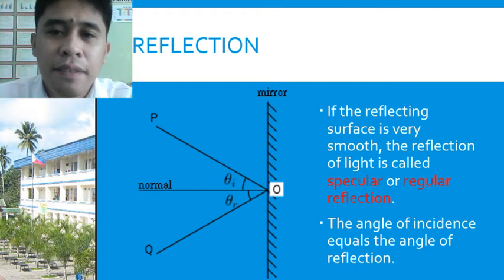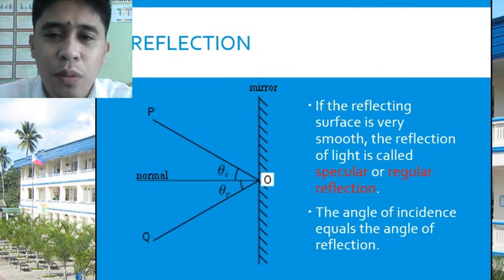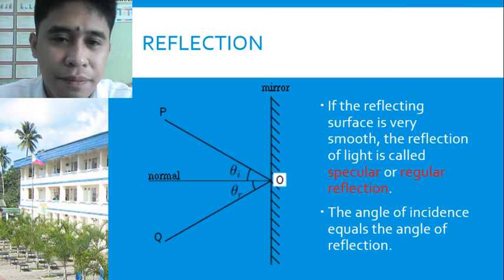It is typical for regular reflection to form images of different objects. The reflections on still water are also an example of specular reflection or regular reflection.